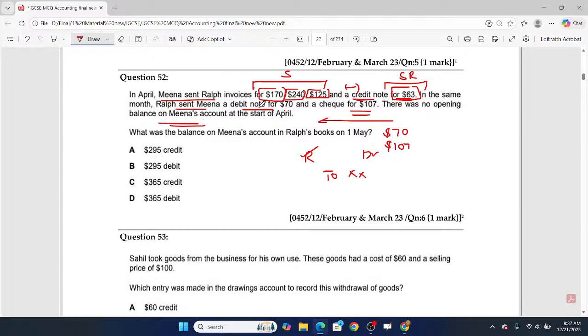Now, these three are the amount recoverable from Ralph by Meena, and as per Meena herself, she deducts this amount. Ralph's amount should also be subtracted. So 170, 240, 125 are all invoices for sales.